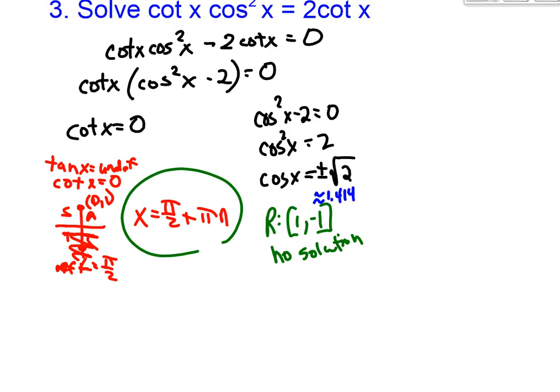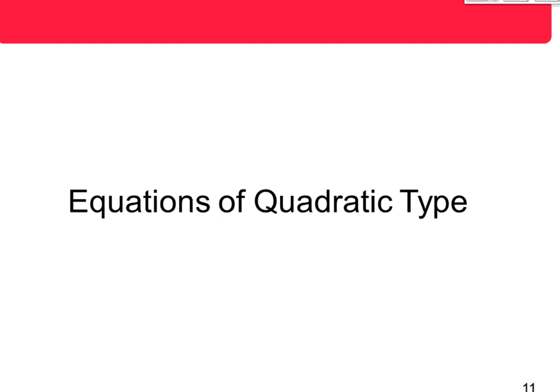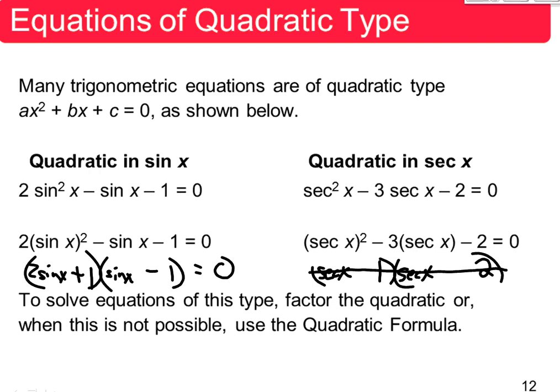Then our next thing is equations of quadratic type. And so we can solve quadratic equations, and you will have to be using whatever strategy you have to factor quadratics that you have in your list of things to do. So I have this slide just to go through many quadratic equations, ax squared plus bx plus c equals 0.